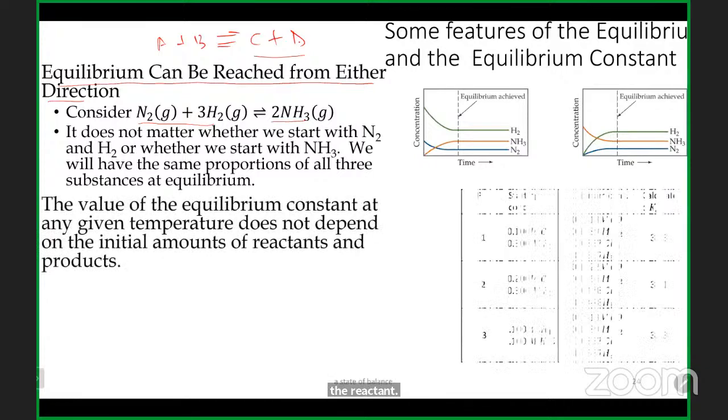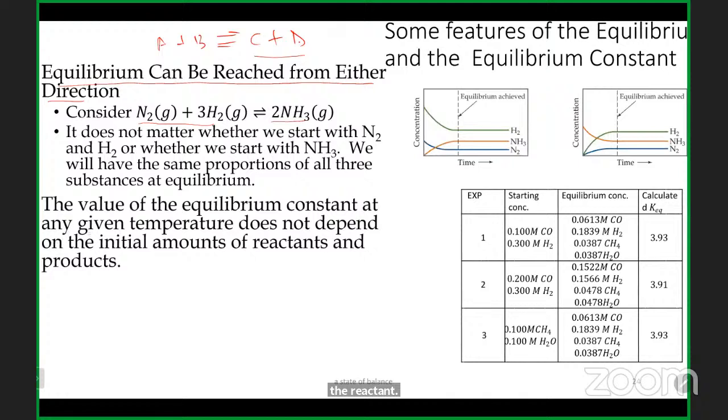Then the value of the equilibrium constant at any given temperature does not depend on the initial amount of the reactant or product. See this table as an example. Regardless of the number of moles, this is the starting concentration, this is the starting concentration, this is the starting concentration.